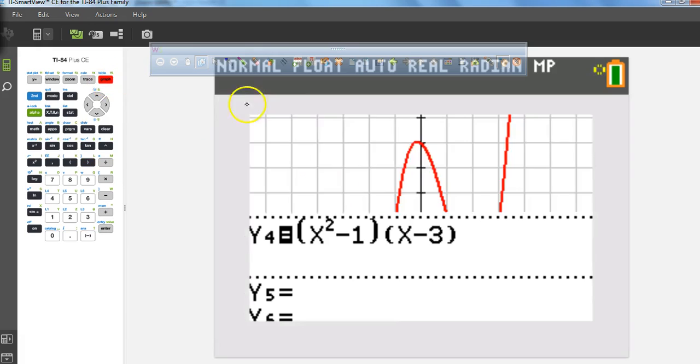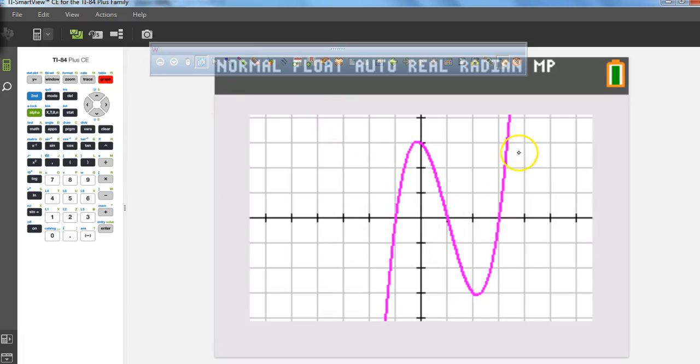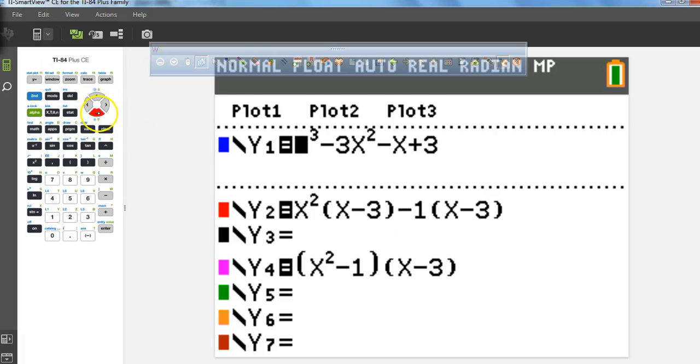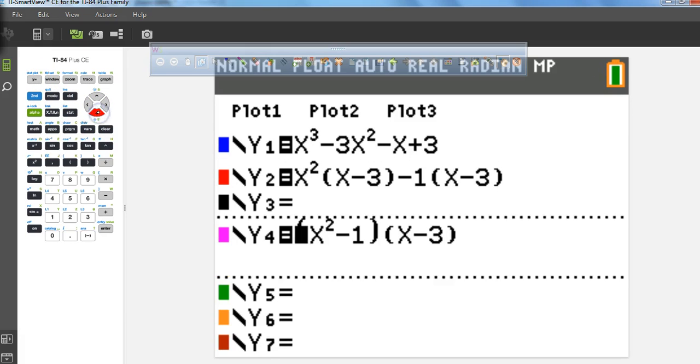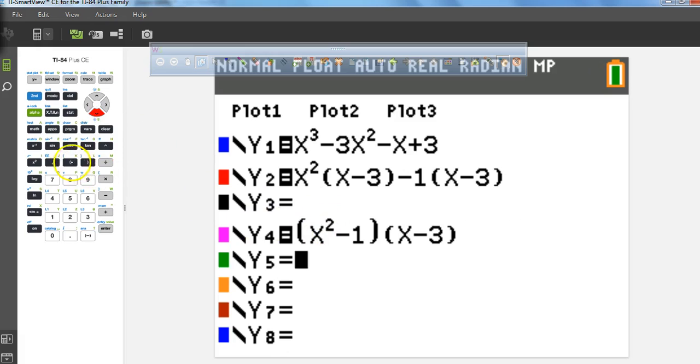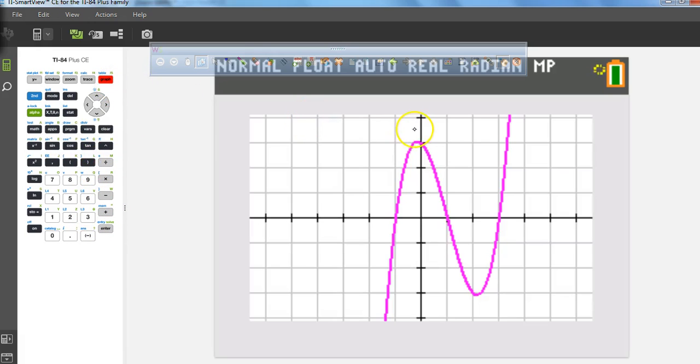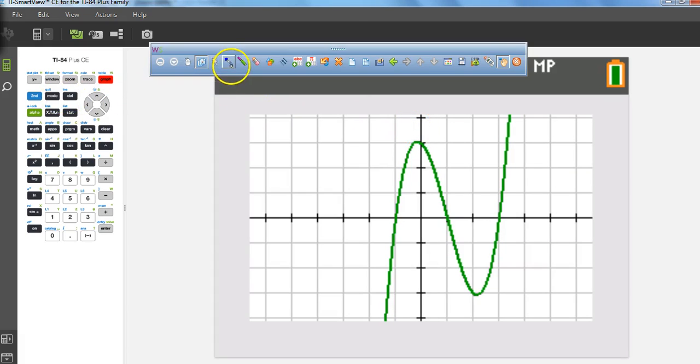If I hit graph, you'll see a trace. Same function. And finally, last but not least, if I break this one down and I say, alright, we have an x plus 1 and an x minus 1 and an x minus 3, then I hit graph. Once again, you see the exact same function.